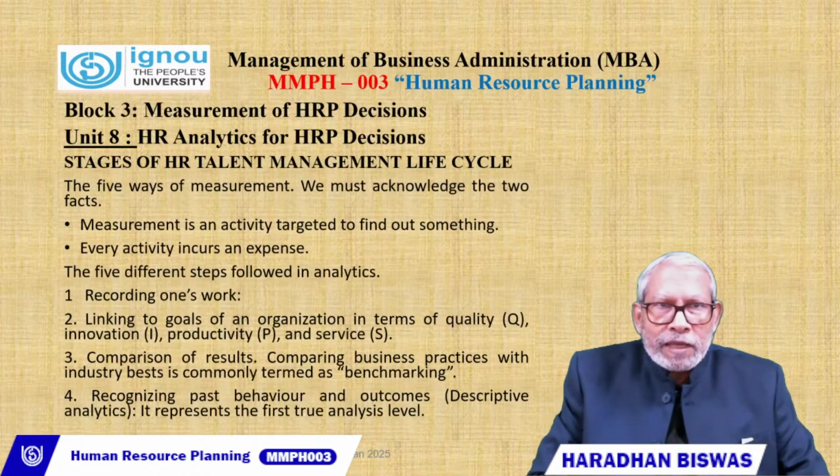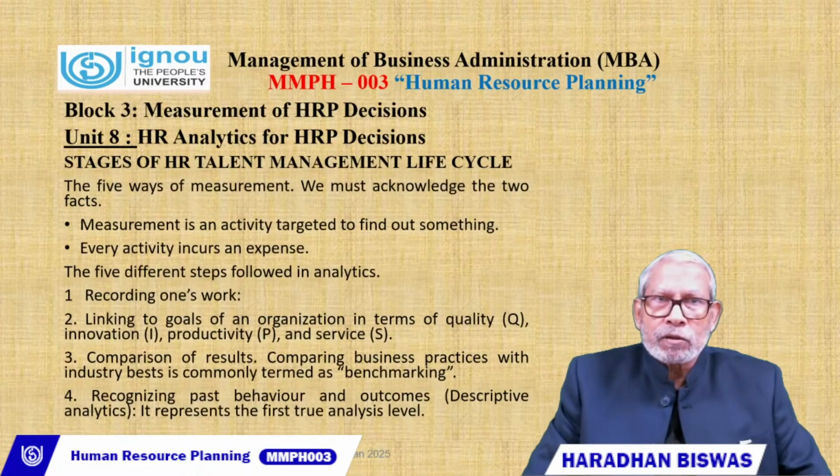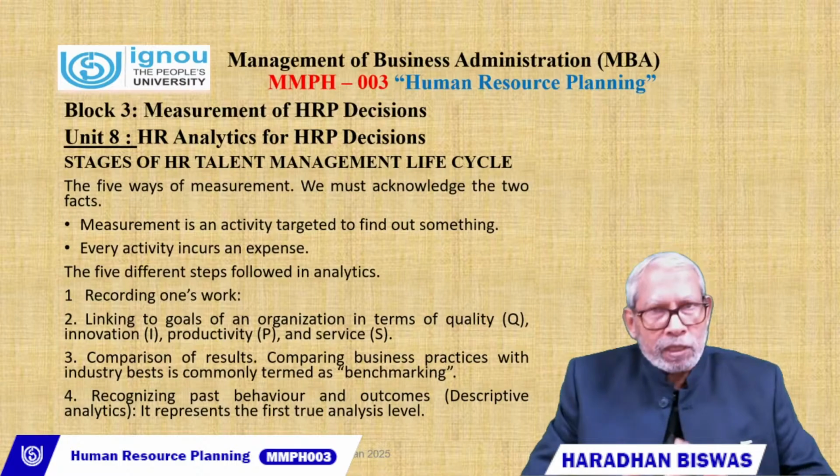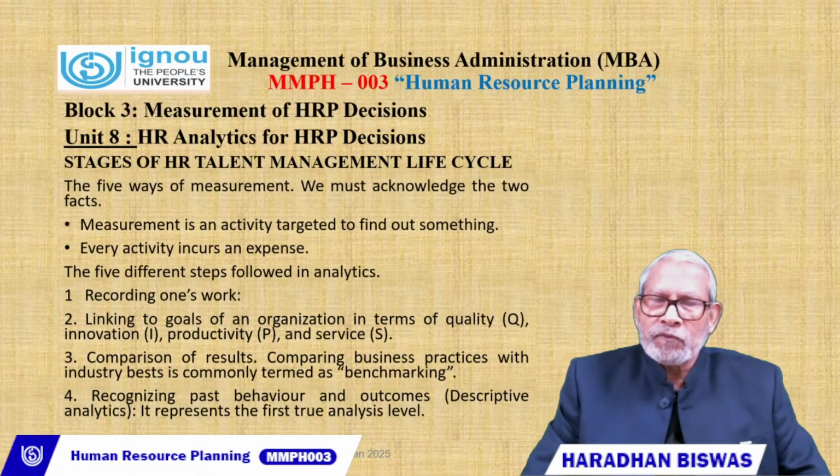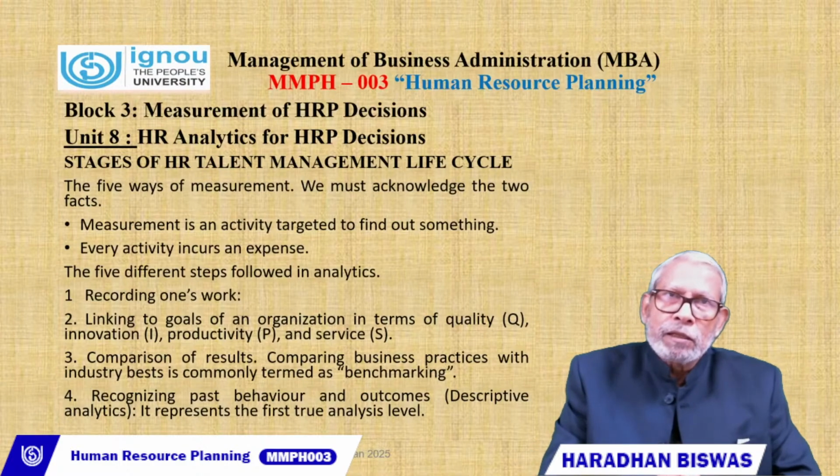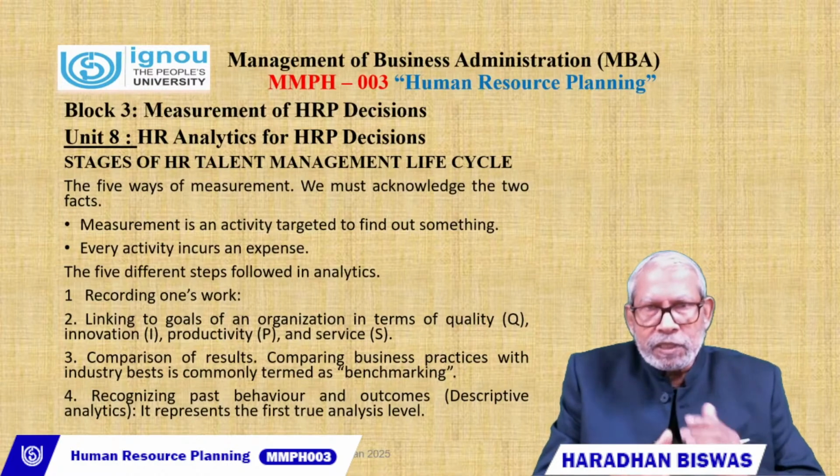Now, stages of the HR talent management life cycle. Again, another is your talent management stages. There are five measurements, and before that, we must acknowledge two facts when preparing the five ways of measurement.